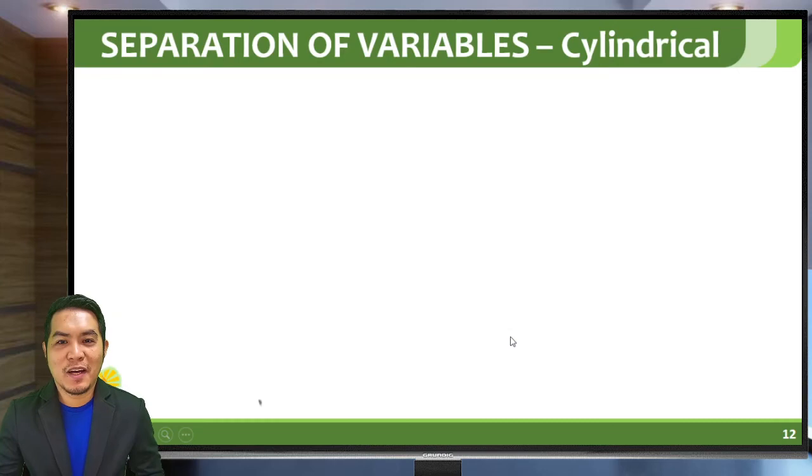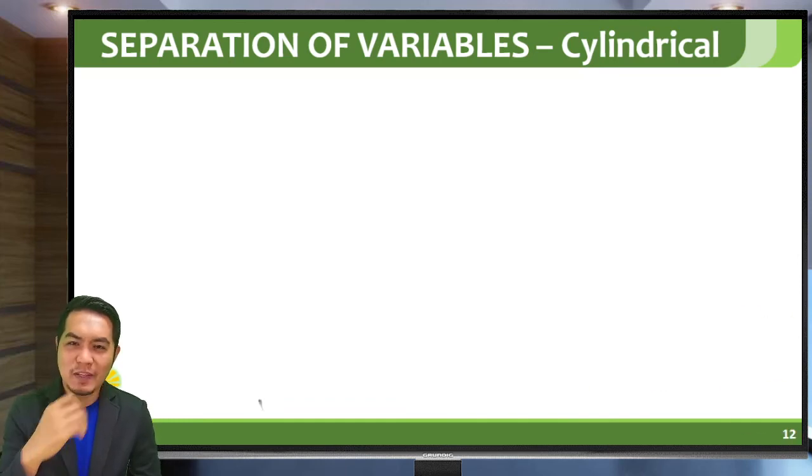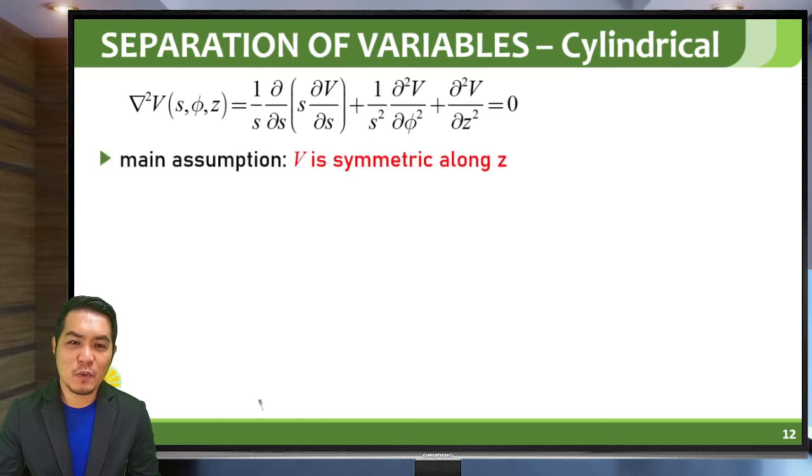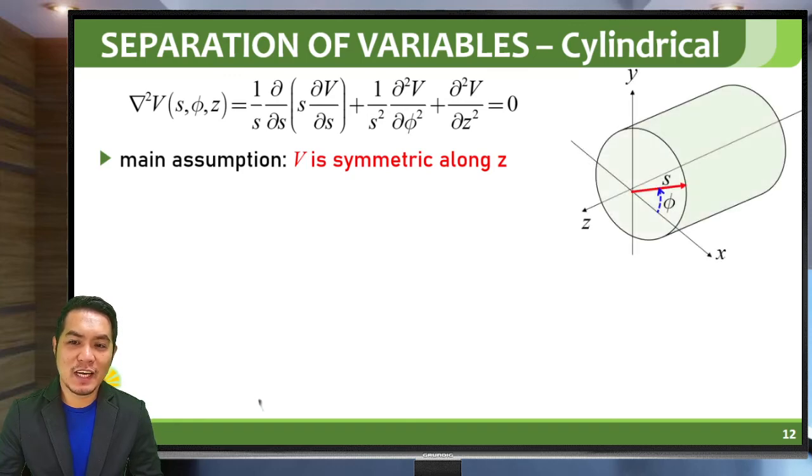I will actually not be discussing the separation of variables in cylindrical coordinates because it's just the same method, the same process. So this is our Laplace equation in cylindrical coordinates, and again we will assume that the potential has a symmetry along the z axis, since most cylinders are aligned along the z axis.